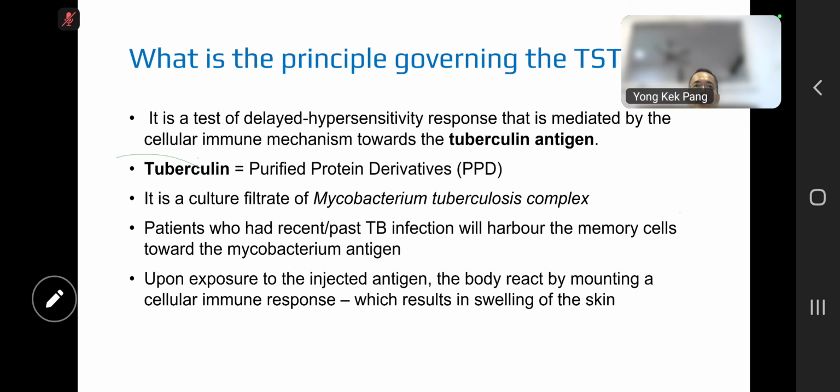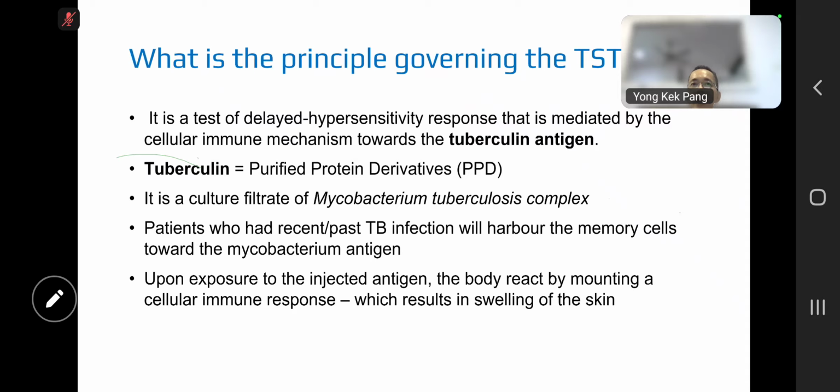It is a test of the delayed hypersensitivity response of our body, usually mediated through cellular immune mechanisms towards the tuberculin antigen that we are injecting into the skin. Tuberculin is also known as purified protein derivative. So what is tuberculin? It is a culture filtrate of Mycobacterium tuberculosis complex.